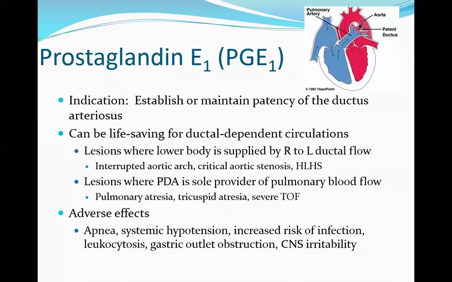Also, lesions where the PDA is the sole provider of pulmonary blood, such as pulmonary atresia, tricuspid atresia, or severe tetralogy of Fallot. All of these are examples of ductal-dependent circulations where prostaglandin may be life-saving.